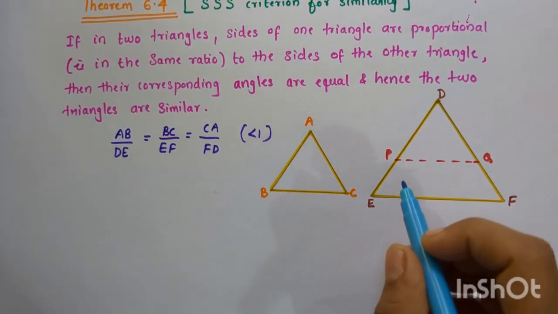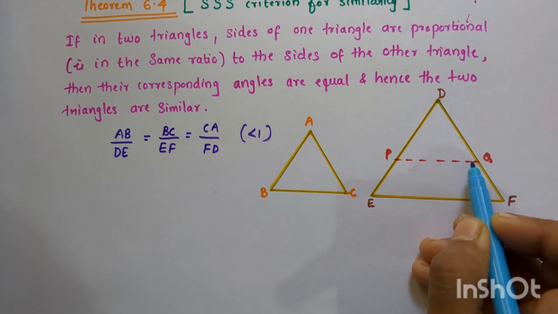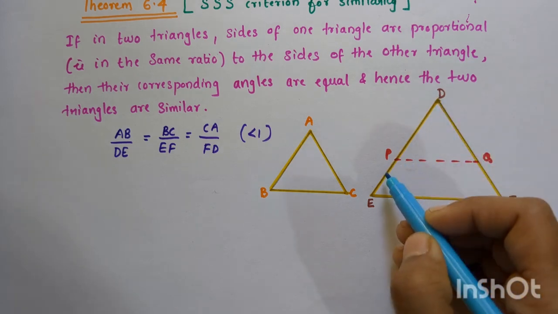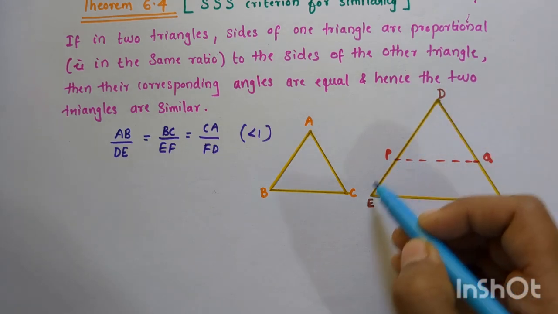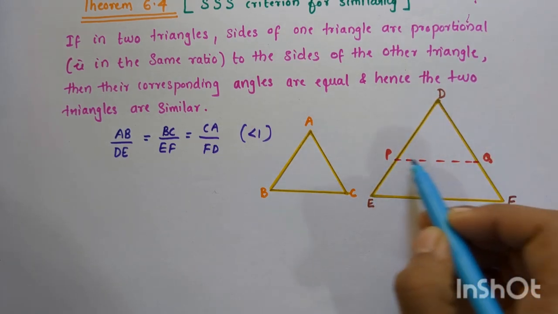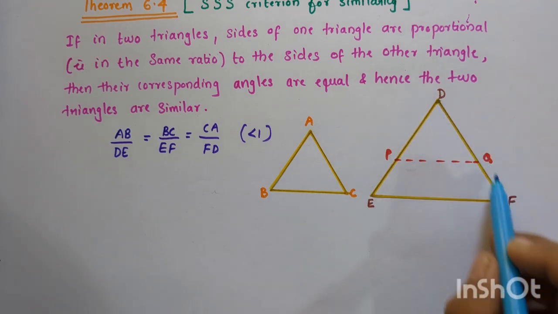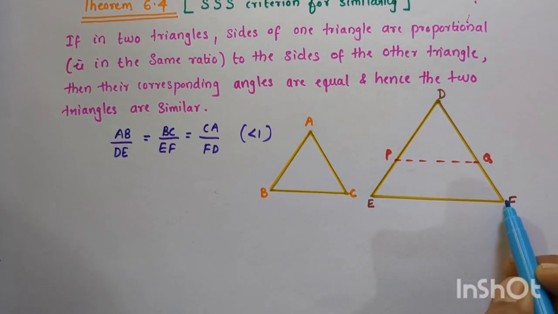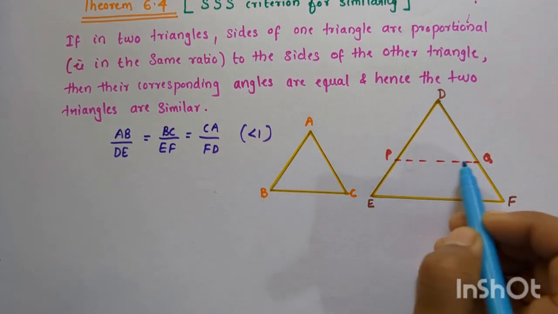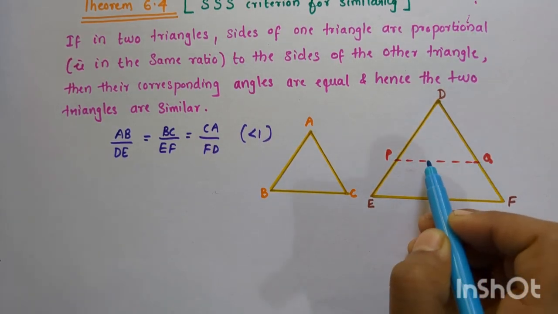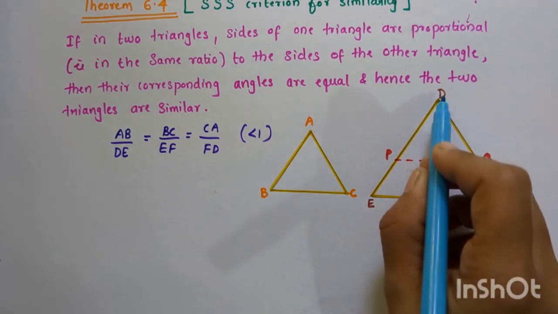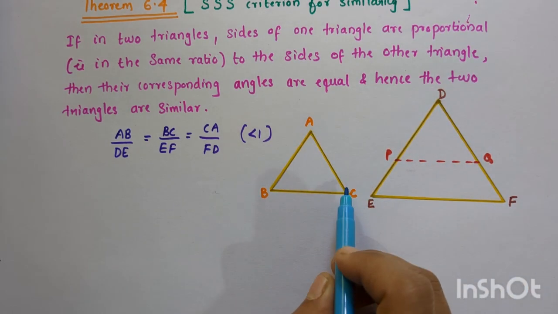Now, we are considering a dotted line drawn here, PQ. This line PQ cuts this line DE into two, that is DP and PE, and also cuts this line DF into two, that is DQ and QF, such that DP is equal to AB and DQ is equal to AC.